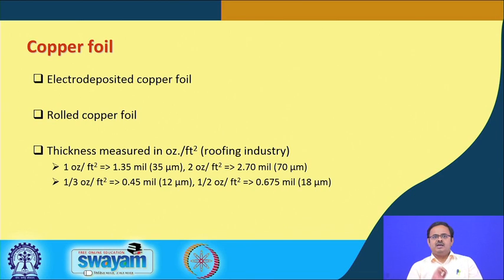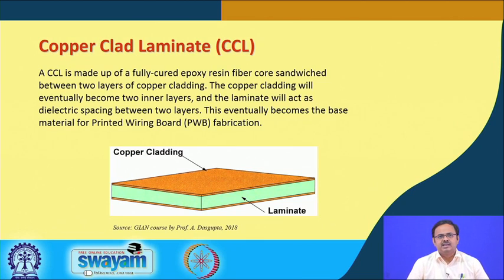So, the nomenclature for copper thickness is in terms of ounce per feet squared, and corresponding thicknesses both in mils and microns are shown on this slide. With that, let us move on to the next slide.